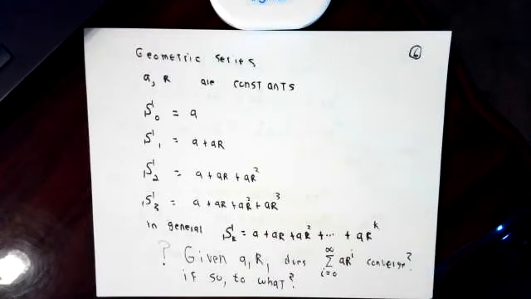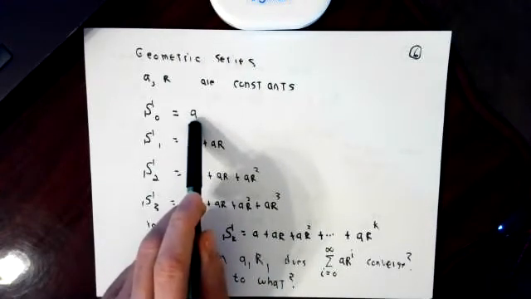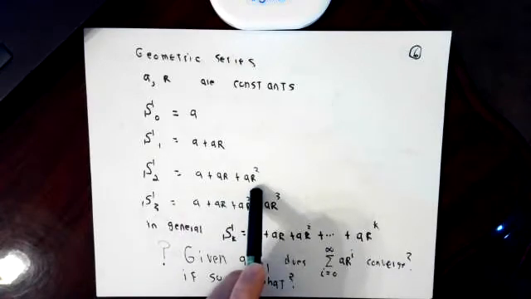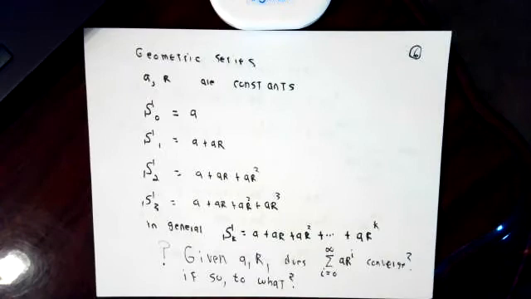As I move from one partial sum to the next one, I take the biggest power of r term, which would just be the a here, and multiply it by r. Then I do the same thing to get ar squared and ar cubed and so on. So in one of these geometric series that we're going to look at, each term is r times the previous term.